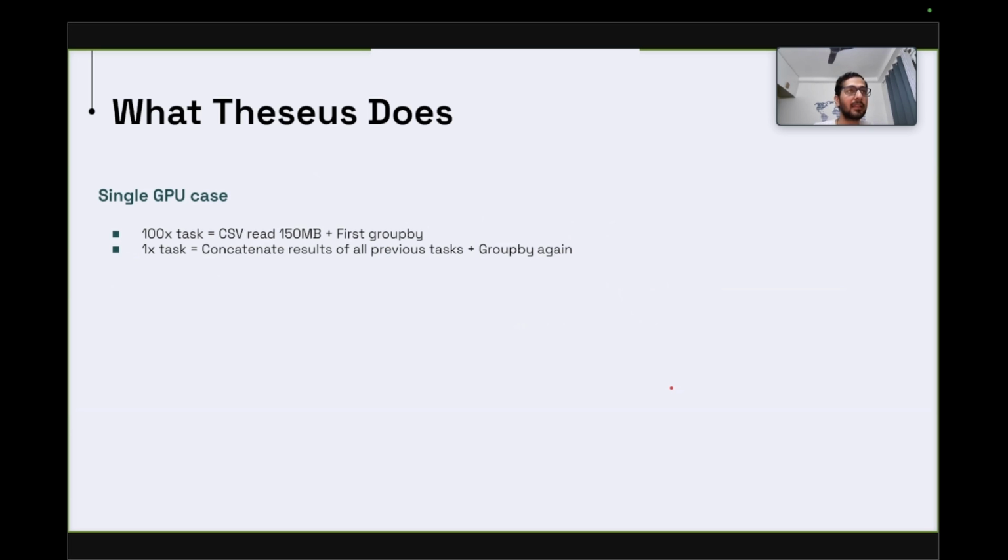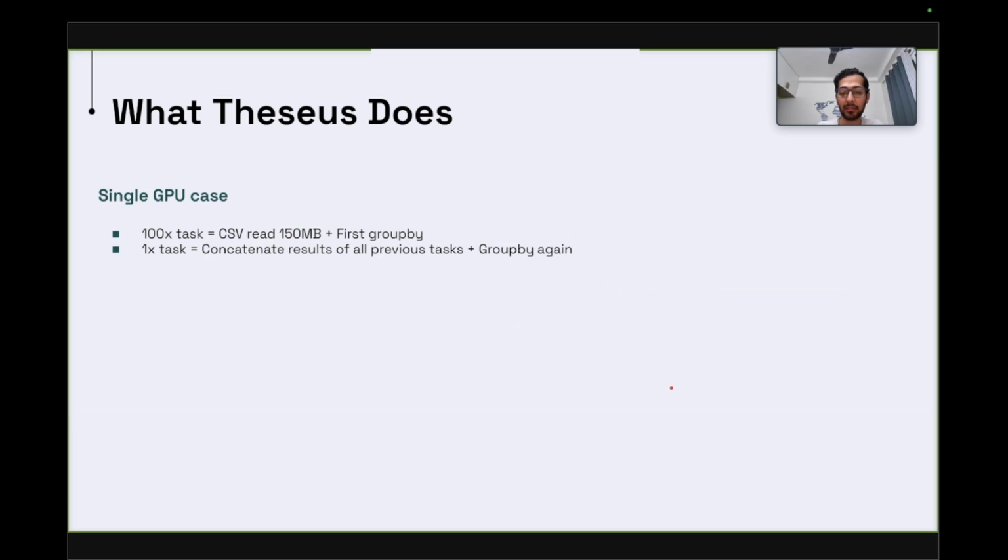And then after that group by, hopefully the results were sufficiently small, because again, the number of cities is quite limited. You're definitely going from a 150 megabyte thing to at least a couple of megabytes thing. And then it's going to concatenate all of those results and do a group by again.